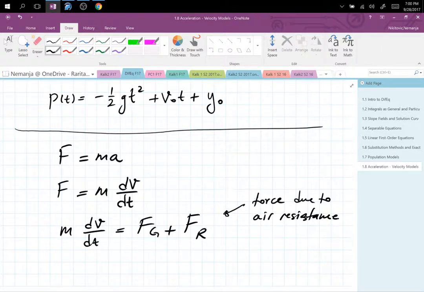So Fr is equal to k, some constant of proportionality, times v squared.